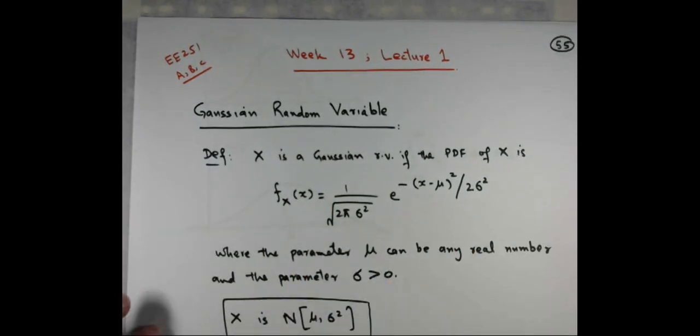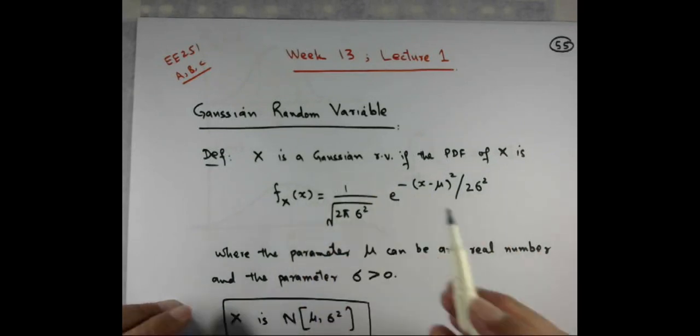This is so normal that this is also denoted by capital N, and if you come across this expression or some expression like this, it means x is normal or x is a Gaussian random variable with these parameters mu, which is the mean, and sigma square, which is the variance.